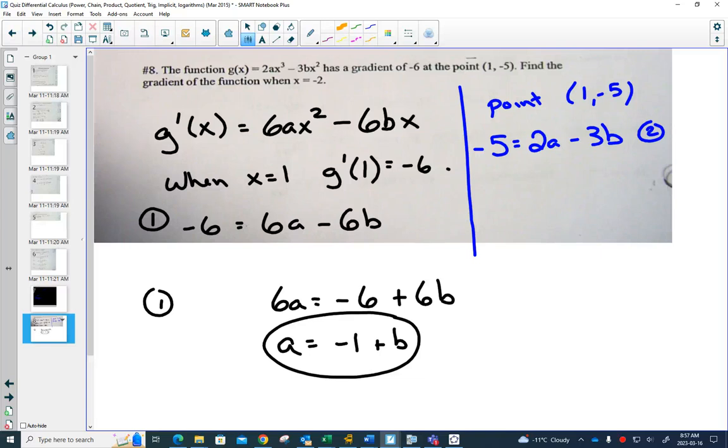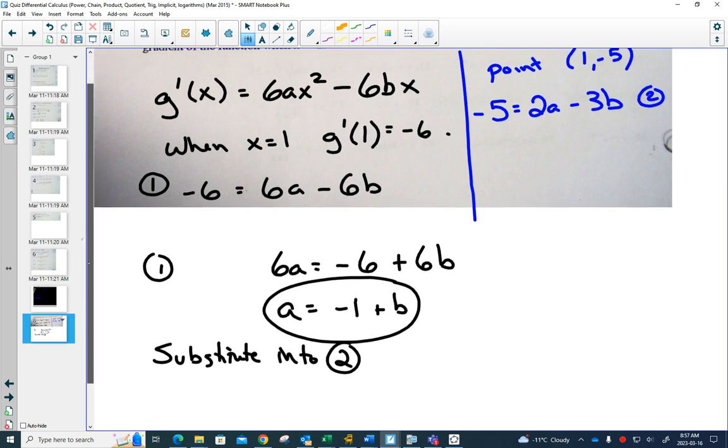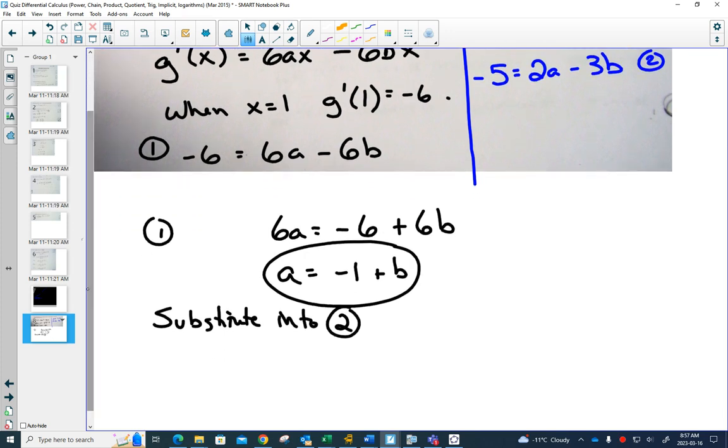Once you get one of them by itself, you take the other equation, and wherever the a is, you can now substitute that into the second equation. So my second equation was -5 equals 2 times a, and instead of writing a, I'm going to write -1 plus b, minus 3b. Now I have an equation with just b.